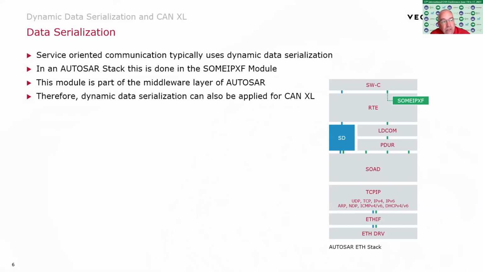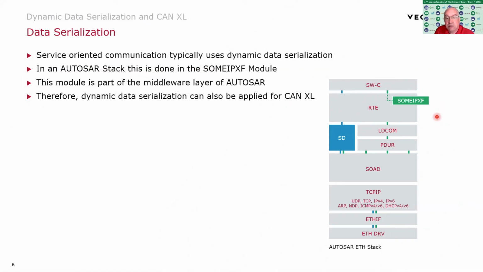Okay, let's come back to data serialization. Well, this is one of the basic functions that's provided by a service-oriented communication. And the serialization is realized with a module called SOME/IP-XF that is located in the middleware layer of the AUTOSAR software stack.